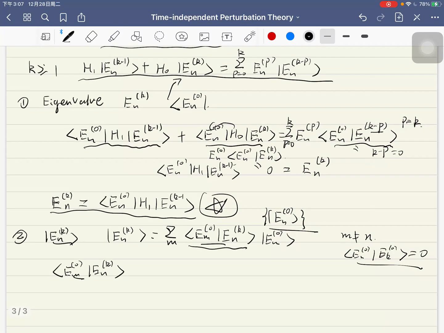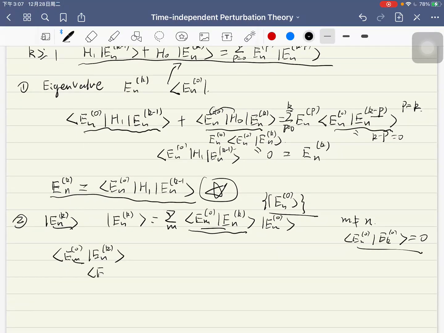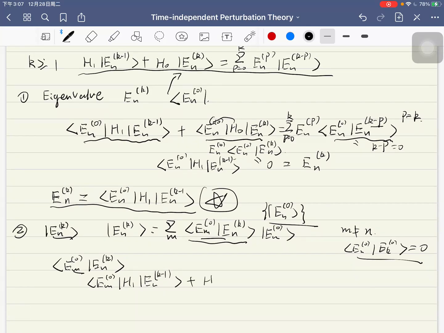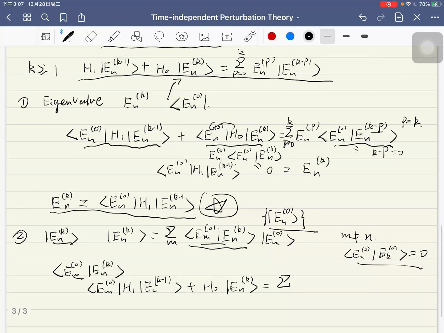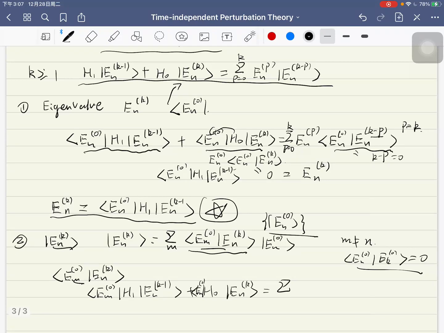So we have the E_m0 H1 E_n,k minus 1 plus H0 E_nk, sum from p equals 0 to k of E_mp E_m0 E_n,k minus p.